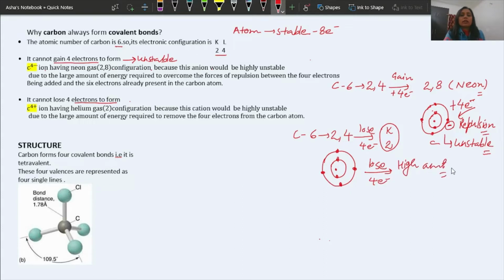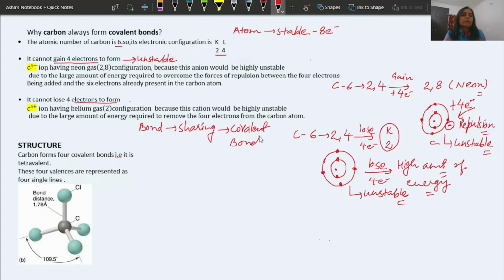Due to this demand of high amount of energy to take out these 4 valence electrons from the carbon last shell, it will again make the atom unstable. So gaining or losing, it's not an option with the carbon. So carbon always forms bond by sharing, and such kind of bonds are called as covalent bonds.